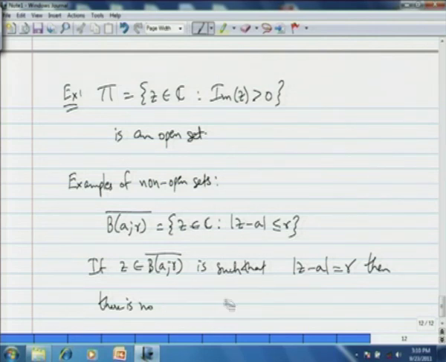I want to say that there is no positive delta such that B z delta is contained in B A r bar.